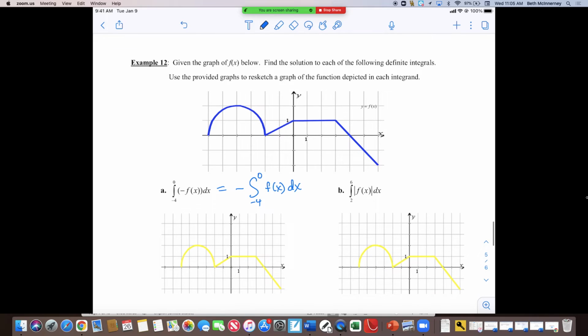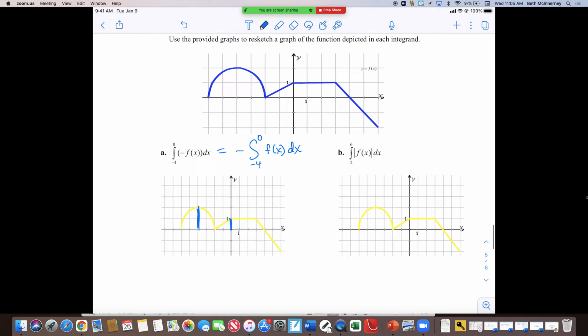So if I'm going -4 to 0, watch what I'm going to do. Then this is negative. I have a quarter of the circle. The radius is 2. Then I have a teeny tiny little triangle. So go ahead and compute that.